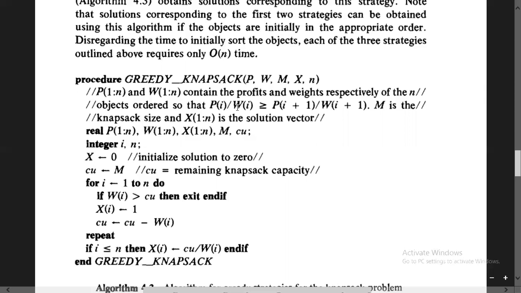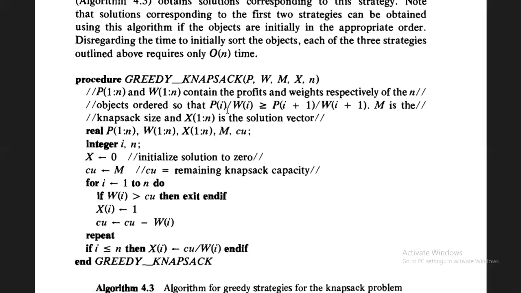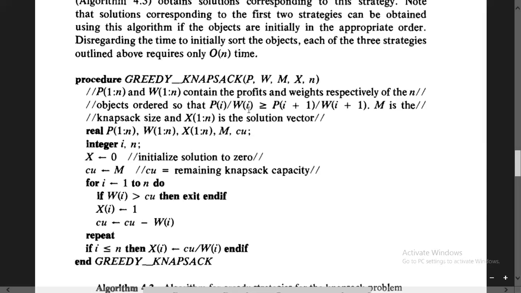Then we are going to choose a fractional value of this. So Pi by Wi is greater than or equal to P of i plus 1 by W of i plus 1, and so on. Okay, so we are going to arrange all the items. If there are 3 items, we will check P of i by W of i for each of the values, and whichever is the highest, the one which will give the highest profit, we are going to store it in the first place, and that we are going to consider for the knapsack problem.